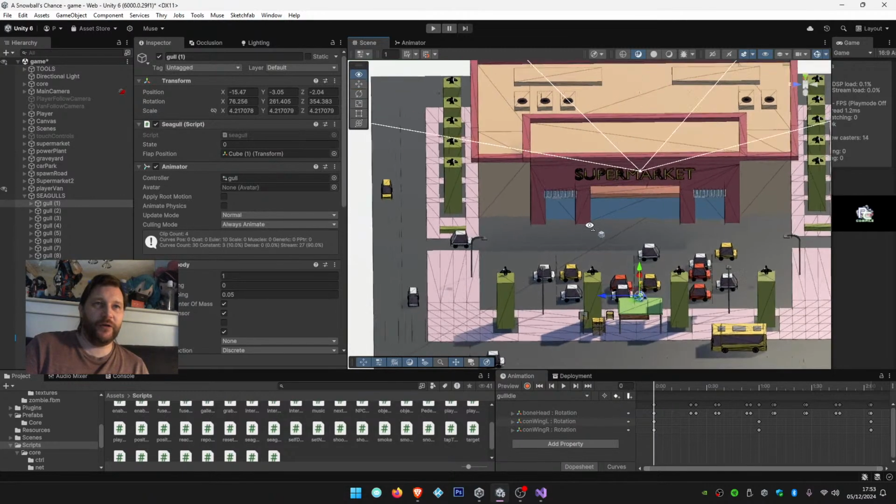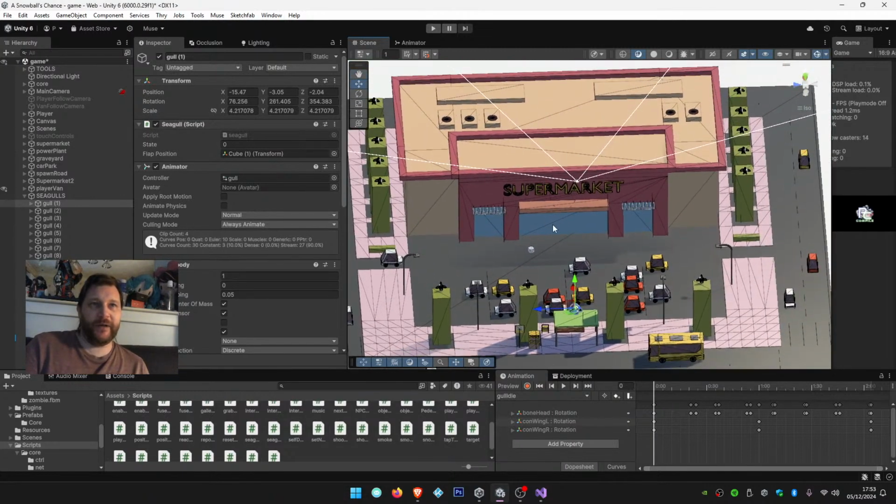So we have a grand total of 15 Seagulls. They're going to wait for our player to come out of the supermarket with a shopping trolley full of hot dogs, and then they're going to swoop in, get a hot dog, and flap around the supermarket taunting the player. Then the player has to hit them all with a snowball, in which case they'll drop the hot dog, and the player has to pick up all of the hot dogs.